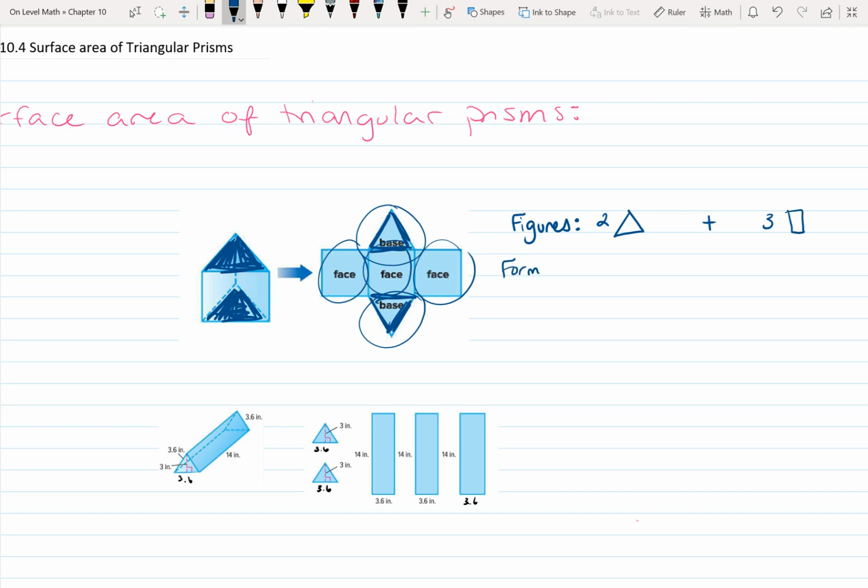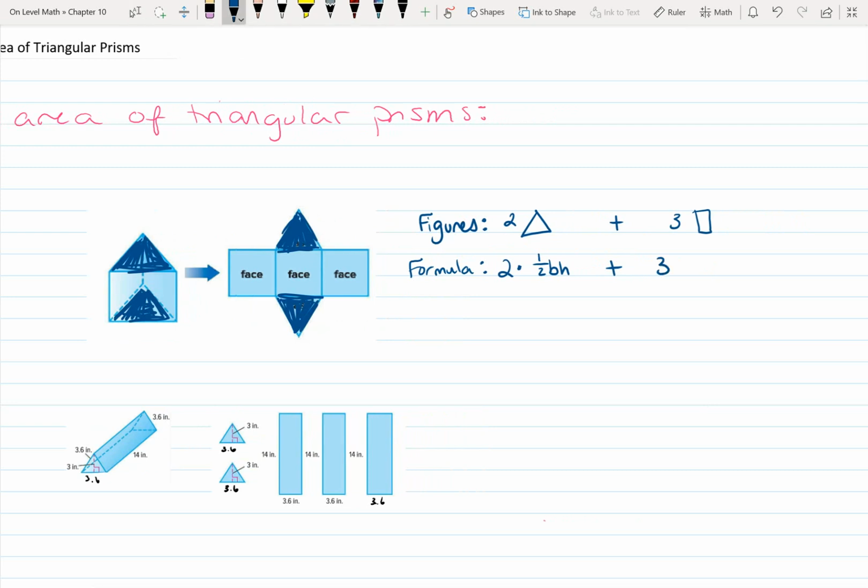We are going to break it down and say, well, we need to find the area of 2 times one of the triangles. So the formula for a triangle is 1/2 base times height. Because, again, we've got 2 of those bases. So if we find one of them, 1/2 base times height, and we multiply it by 2, we get the area of both. Plus 3 times one of the rectangles.